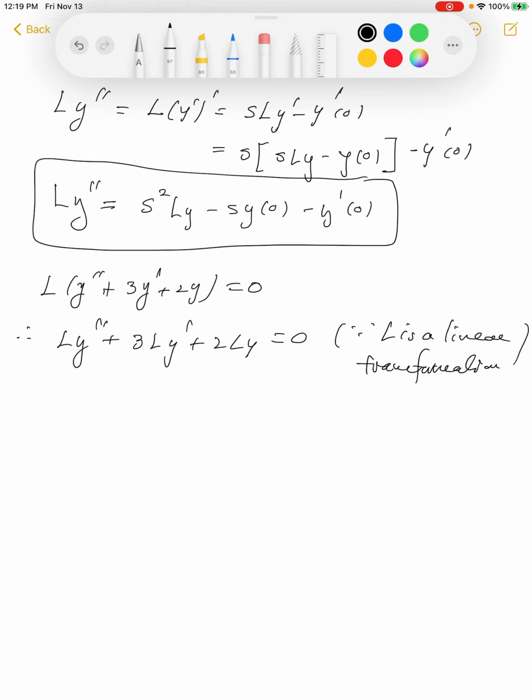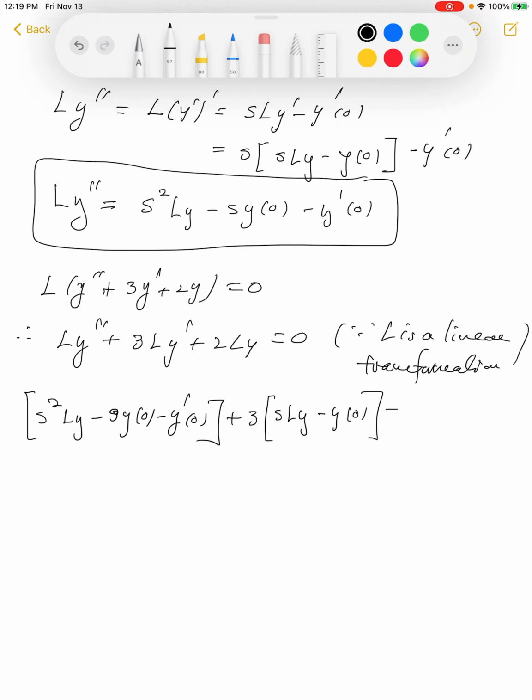And now I'm going to use that formula. So this gives you s squared Ly minus sy0 minus y prime 0. That's your Ly double prime, plus 3 times Ly prime, which is s Ly minus y0, plus 2Ly, that should be 0.